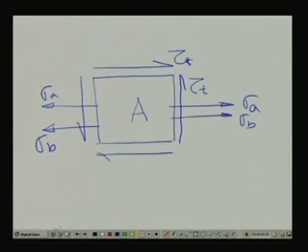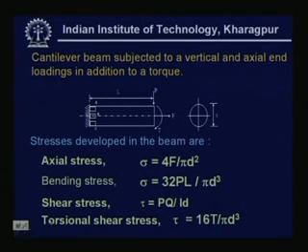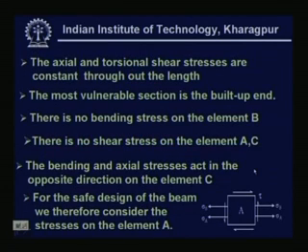Now, if we go back to this figure and see the summation of what we have learned from that example: the axial and torsional shear stresses are constant throughout the length because they are irrespective of the section.